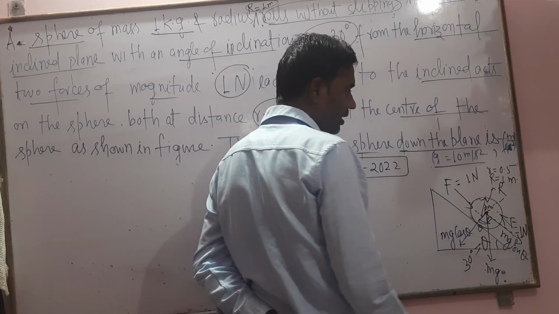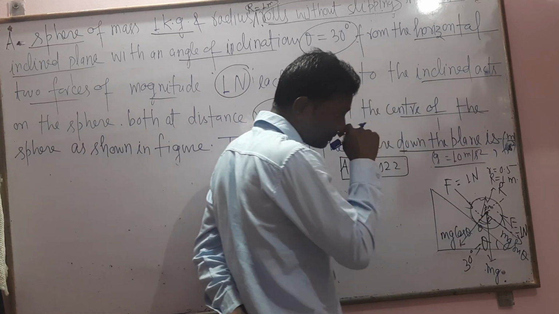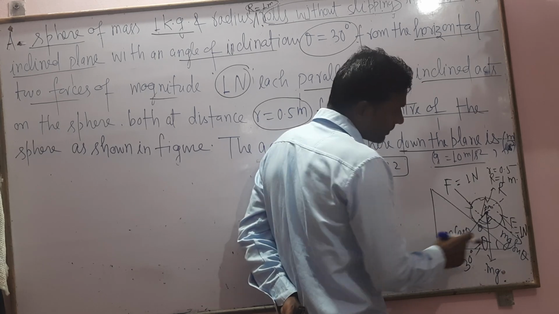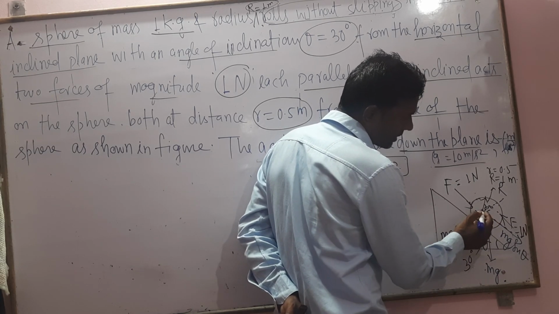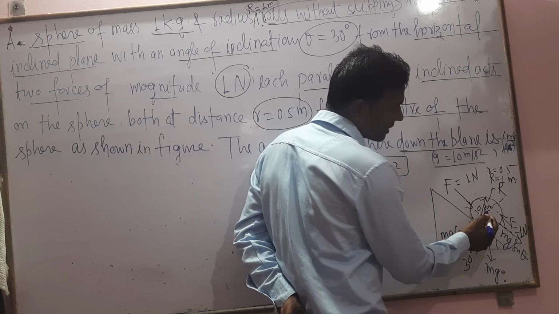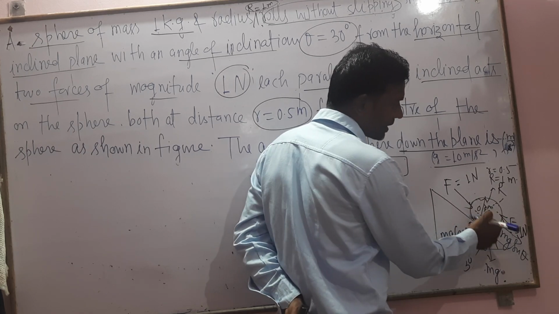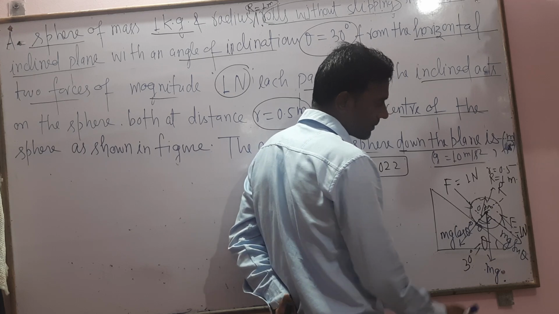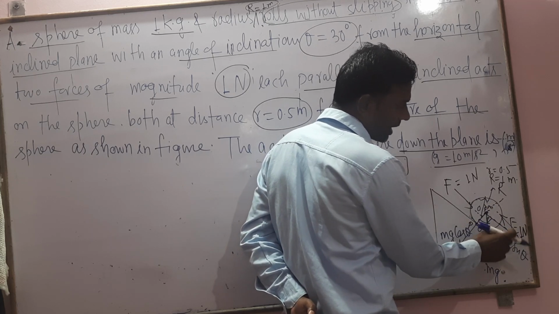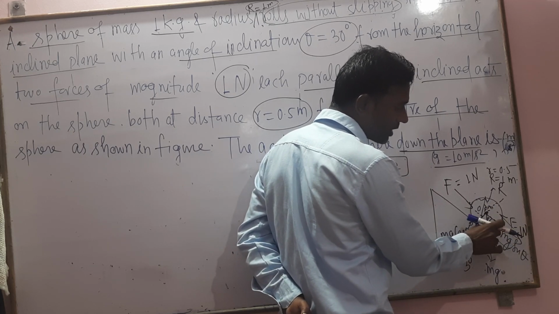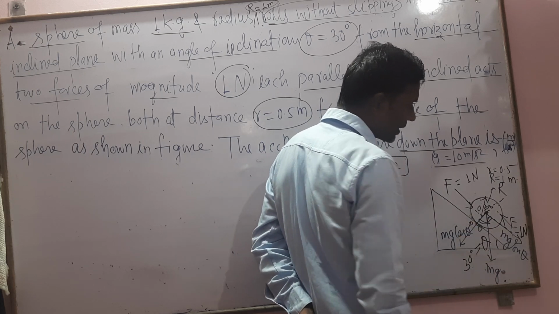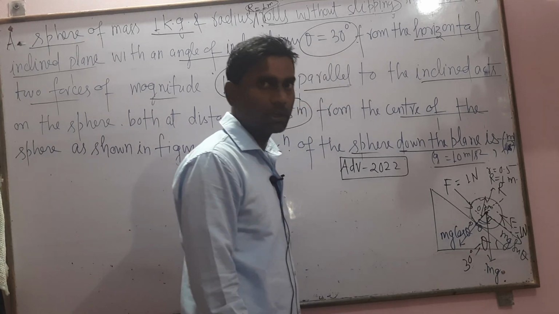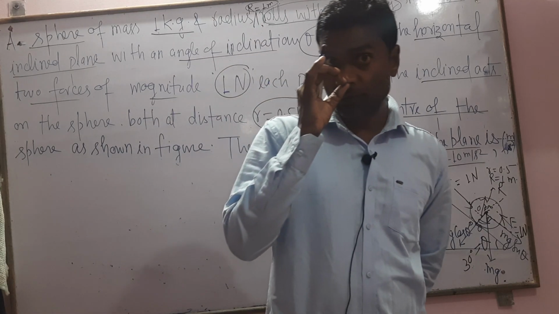Let us suppose this is the contact point and this is the center O, the center of mass of the sphere. On this sphere there is mg sin theta down the incline. We are trying to find the direction of the frictional force.